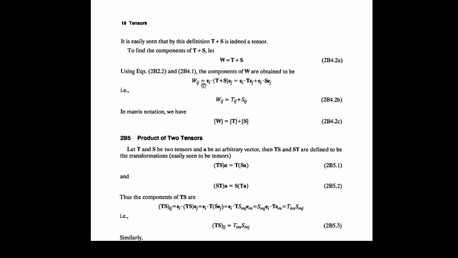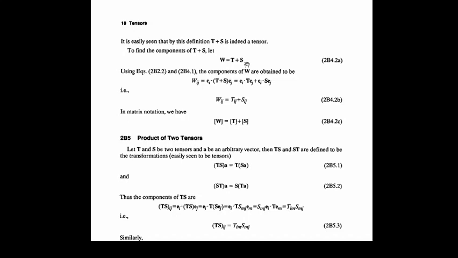Now we will use T plus S instead of W, as we have denoted in equation 2b4.2a, that W is equal to T plus S. So we will have Wij equals Ei dot (T plus S)ej.